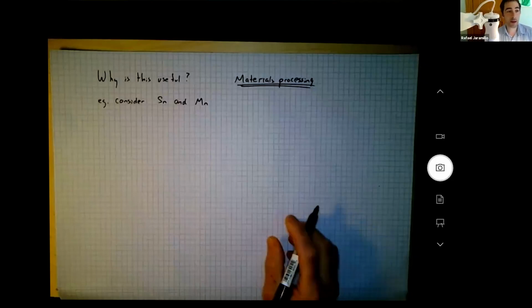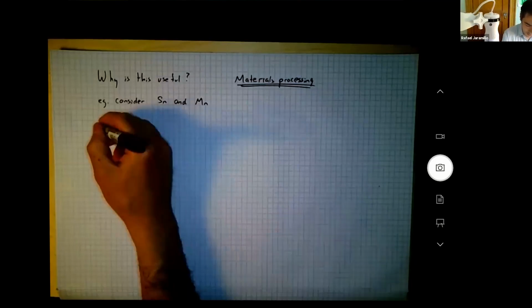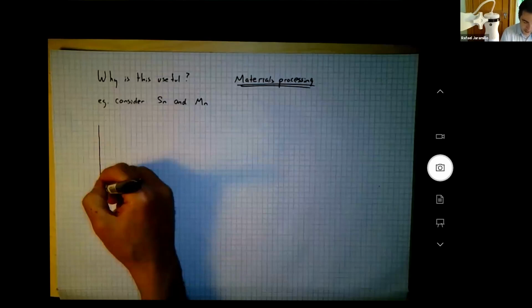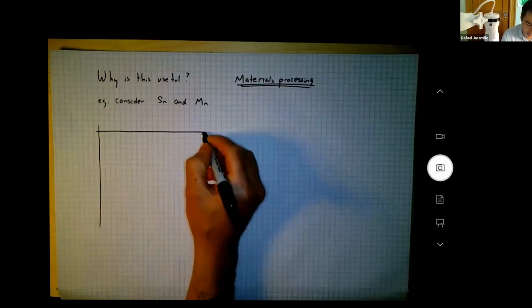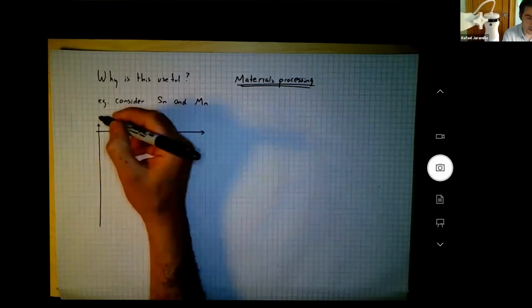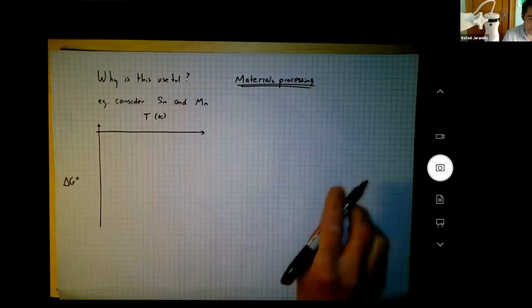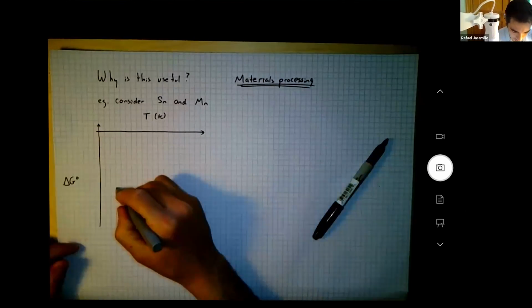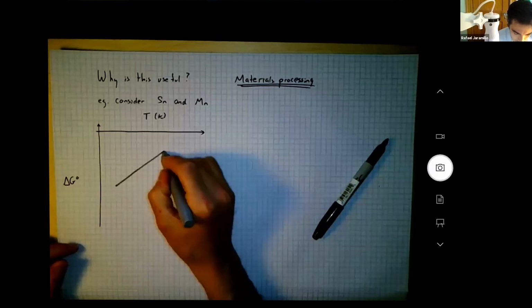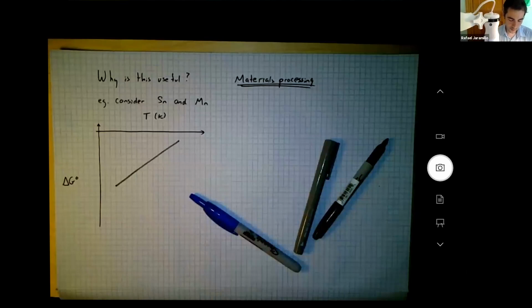Let's consider tin and manganese. If I look up the Richardson-Ellingham diagram for tin and manganese, well, I could do that, but I'll just draw qualitatively what it looks like. Here's temperature in Kelvin. Here's delta G naught. And I'm just here to tell you that the tin line sits well above the manganese line.